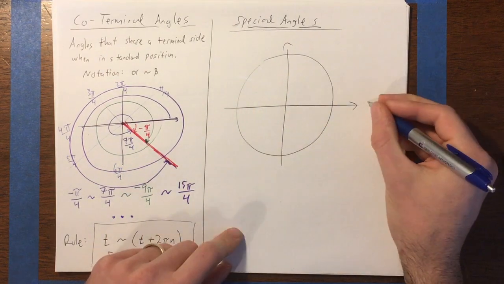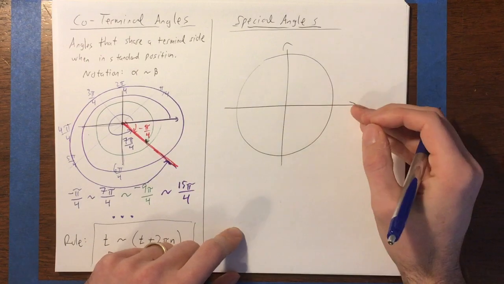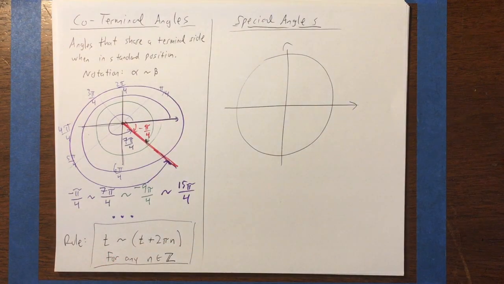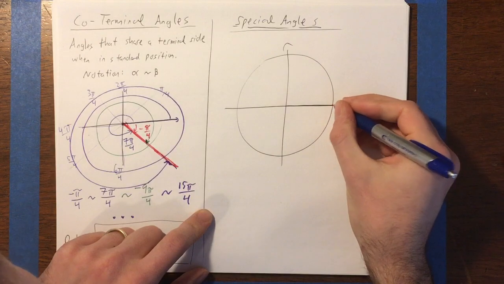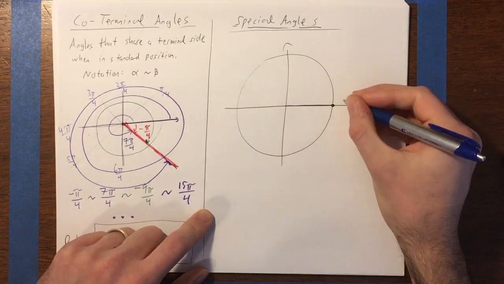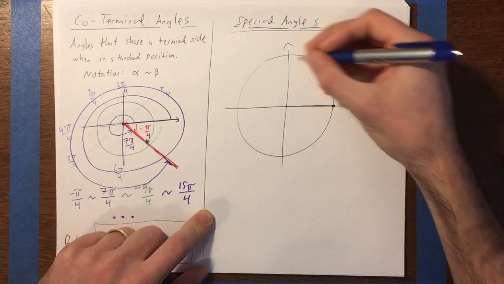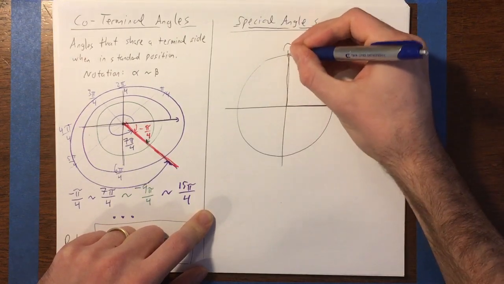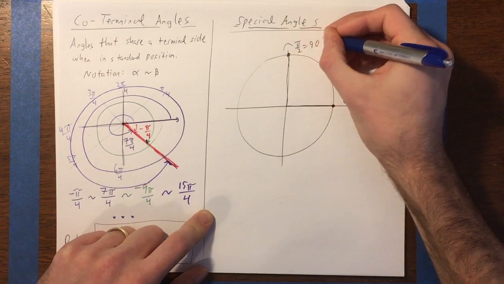That would be between 0 and 2 pi in radians, or between 0 degrees and 360 degrees. So let's go around this circle and label some important angles. If you have an angle like this, that could be 0 radians, which is also the same as 0 degrees. Up here, we have pi over 2 radians, which is 90 degrees.